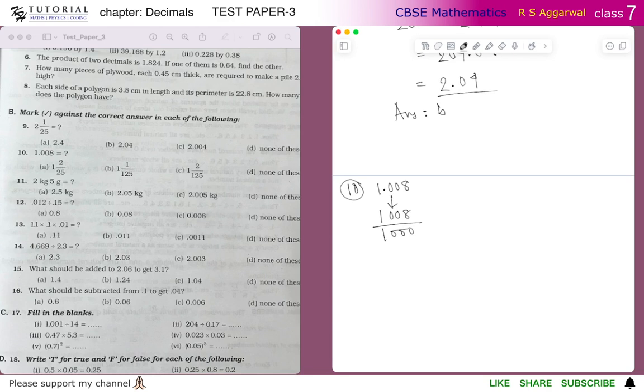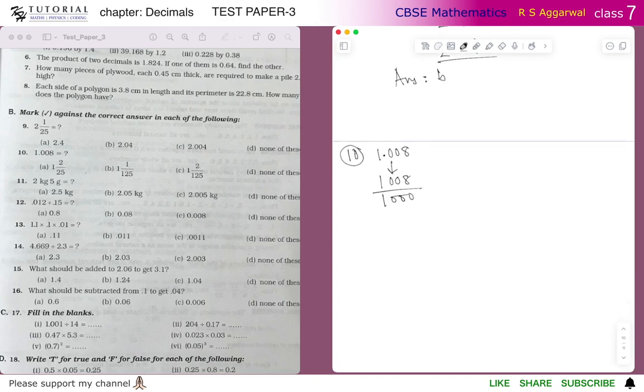So when we convert a decimal number to a fraction, the numerator of the fraction will be the decimal number omitting the decimal point, divided by 1 followed by as many zeros as the decimal places of the decimal number. So this becomes 1008 by 1000. Now you have to convert it to a mixed fraction. This is definitely an improper fraction because the numerator is greater than the denominator, so it will get converted to a mixed fraction. But let's try to reduce it further. I think it will divide by 4. Let's see.